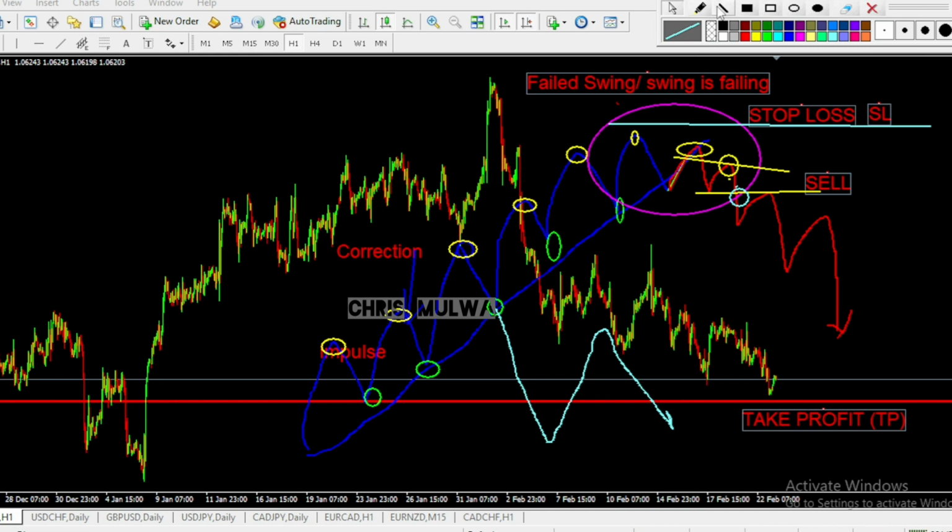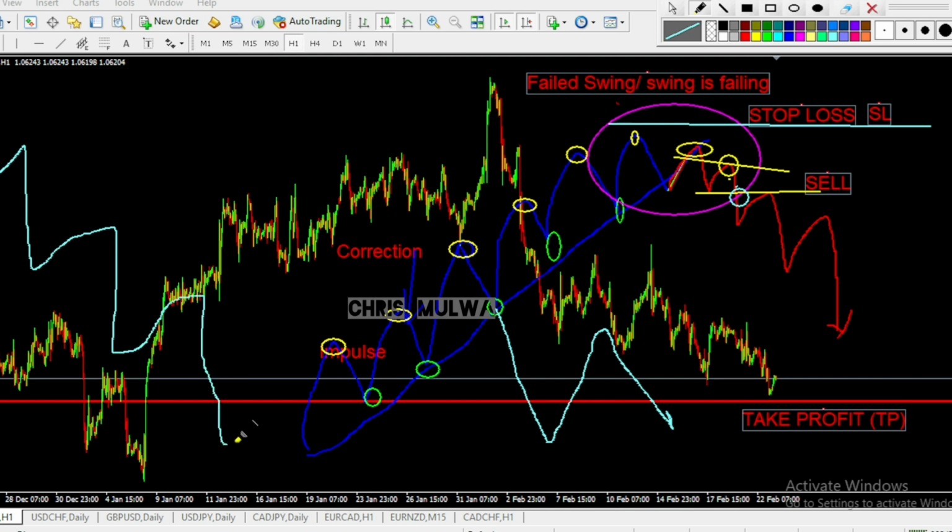For instance, we have something like this. It's going down, going down, going down, going down, and then we start going up.